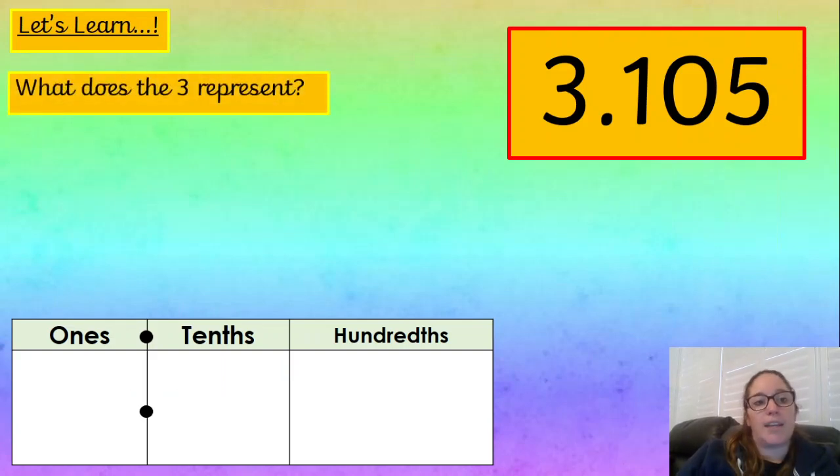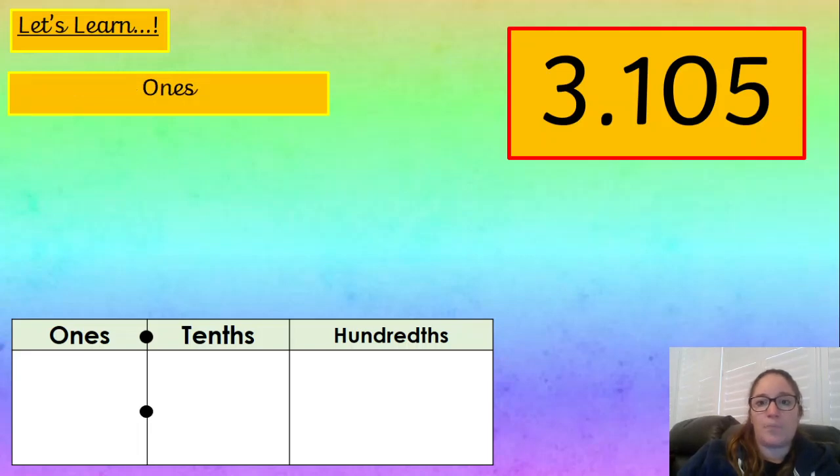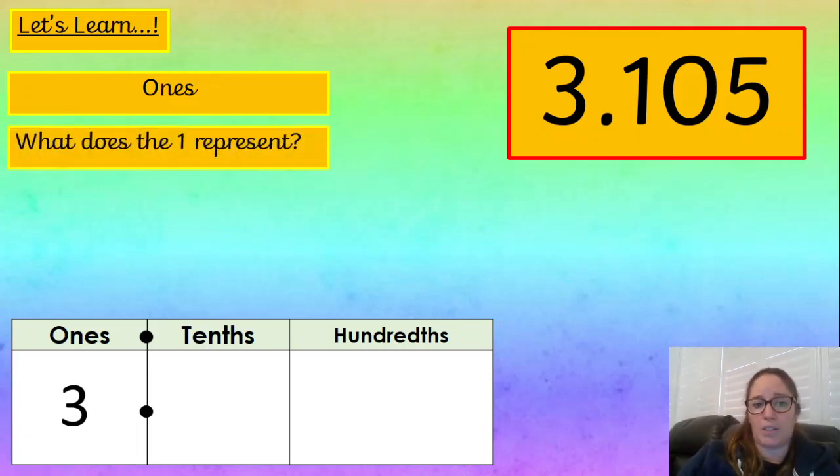Okay, so let's have a look here then. What does the 3 represent? We did this a couple of days ago. What does the 3 represent in this number? So what is this number? Okay, it's 3.105. What does the 3 represent? It's 3 ones, okay, so 3 wholes. So we can add our ones to our place value grid at the bottom. What does the 1 represent? Okay, if we look at our place value grid, we know it represents tenths.